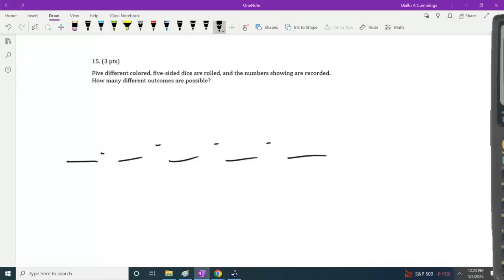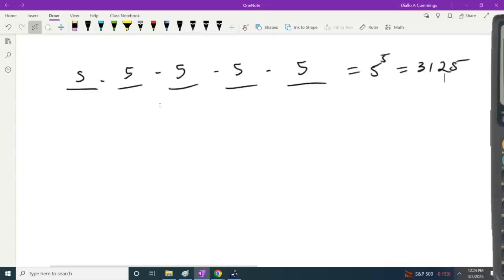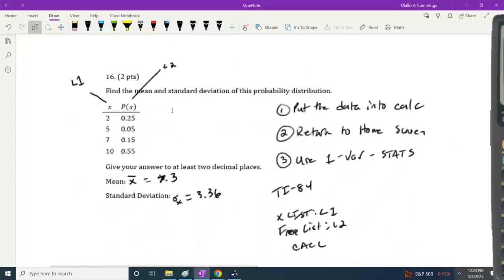On the first die, how many possible combinations are there? 5, right? In fact, there's going to be 5 for all 5 of those, right? So here we have 5 to the 5th power, which is 3125. So I think the one we had taken a look at on the handout was actually dealt with numbers. And then I think they just changed it up and said colors instead of numbers. All right, so that one's worth 3 points.